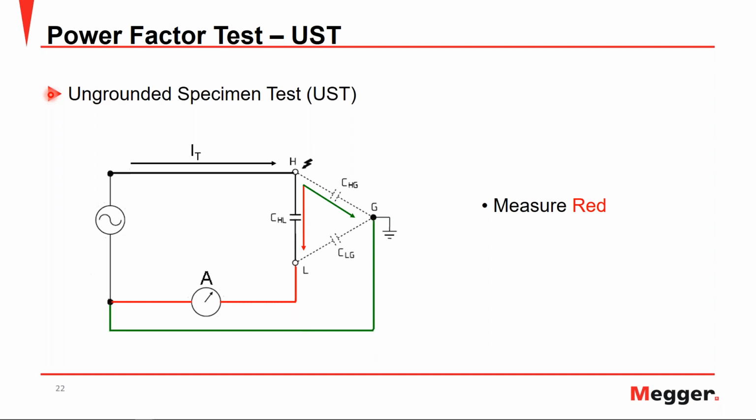So now we have 2 current components. As they flow through, we can see that the leakage current from the high to low is the only current component being measured, while the leakage current from high to ground is being bypassed through the ground lead and bypassing the ammeter. So in the ungrounded specimen test, or the UST test, the measured current is going to be the high to low leakage current.